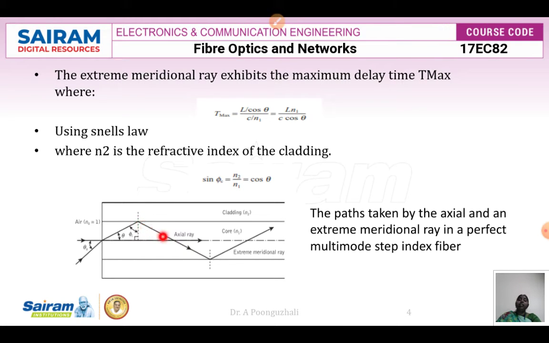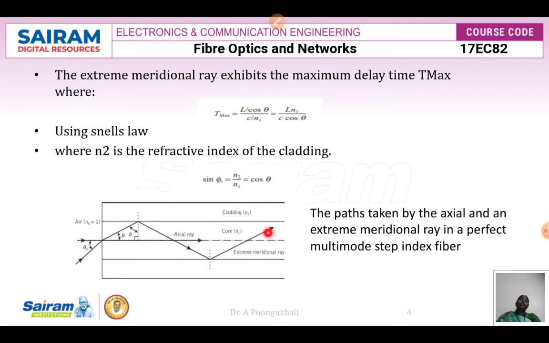When it is reflected back, this ray will cross the axis of the fiber. That ray is called the meridional ray. When the meridional ray strikes the core cladding interface again, it makes an angle equal to or greater than the critical angle, so again the wave is reflected back into the fiber. This ray takes multiple paths. As a result, it is the slowest ray.